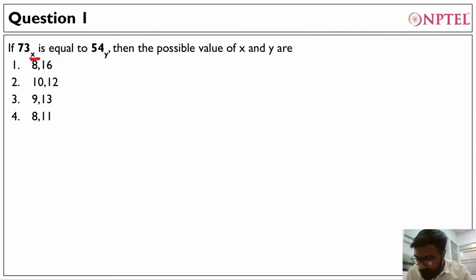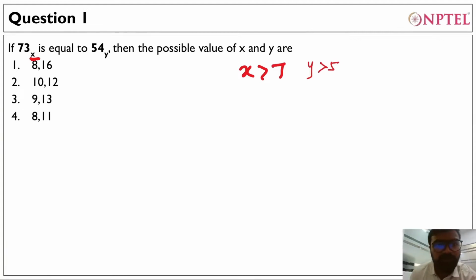Whatever x you have, it should be greater than 7, because 7 is the maximum digit here. x cannot be lesser than 7. Similarly, we can write for y also. y should be greater than 5. These are the two things we can observe from here. These are just constraints. The first one is this and the second one is this.